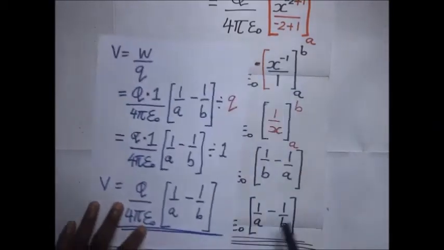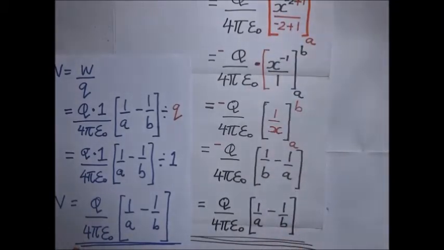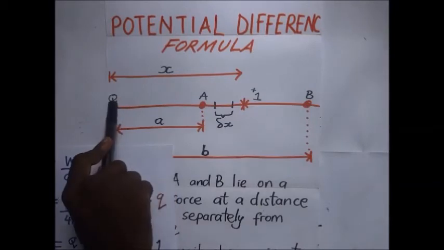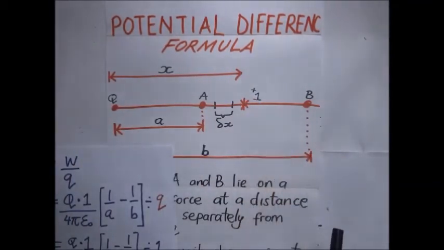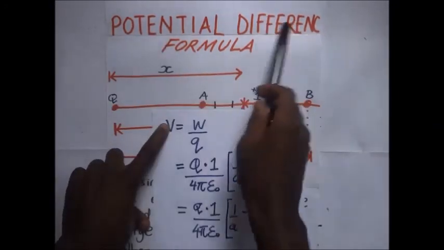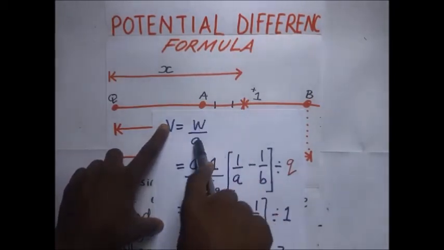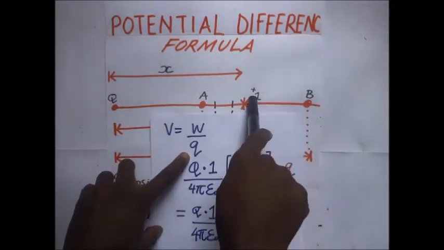And remember that this being our work done, when we were deriving this, we were considering a charge Q and another test charge which we called positive 1 coulomb, from our diagram. So for us to get the potential difference formula, it's the work done per unit charge, and the unit charge we are talking about here is that test charge, which is positive 1.